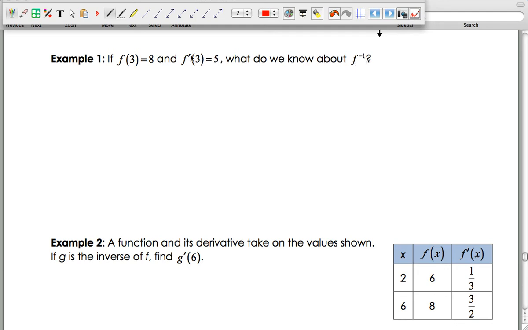The first thing that you need to remember, and this is from Math 12, is that if f at 3 equals 8, then the inverse function at 8 should equal, I hope you all have said 3. Why? X and Y switch roles. That's one thing we can say.